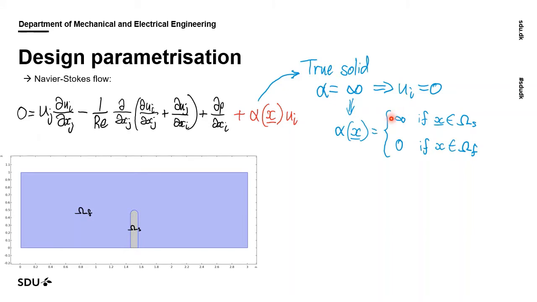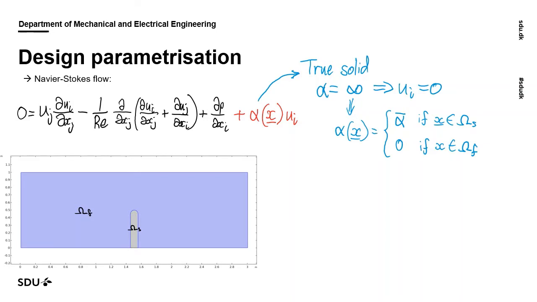However, numerically we cannot handle infinity, so we have to set some upper bound that has to be large enough such that this term dominates the other terms, so we get velocities that are negligible. As we will see in a second, they will not be identically equal to zero, but we can get them small enough to not be important for the solution.